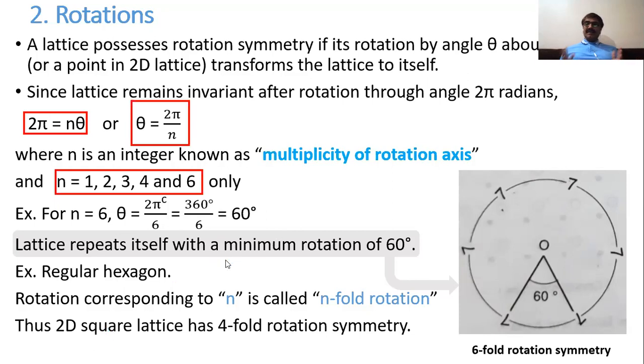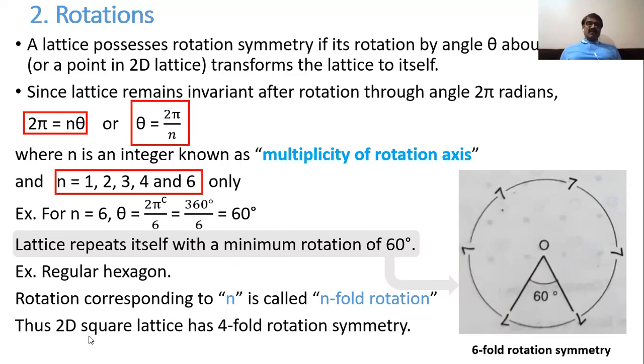That means it repeats itself or remains invariant after 60 degree. Now rotation corresponding to n is called n-fold rotation, and the crystal or lattice is said to possess n-fold rotation symmetry. Thus, the lattice shown in this figure possesses 6-fold rotation symmetry.